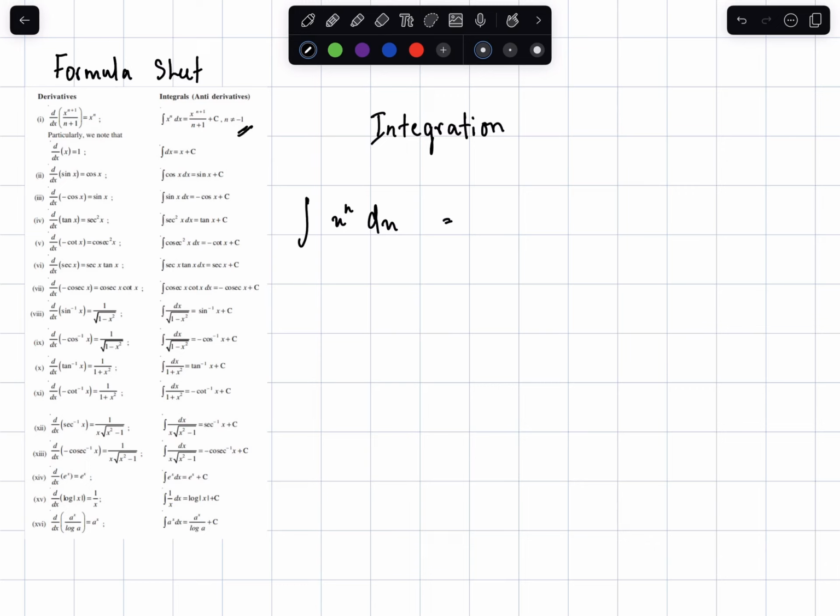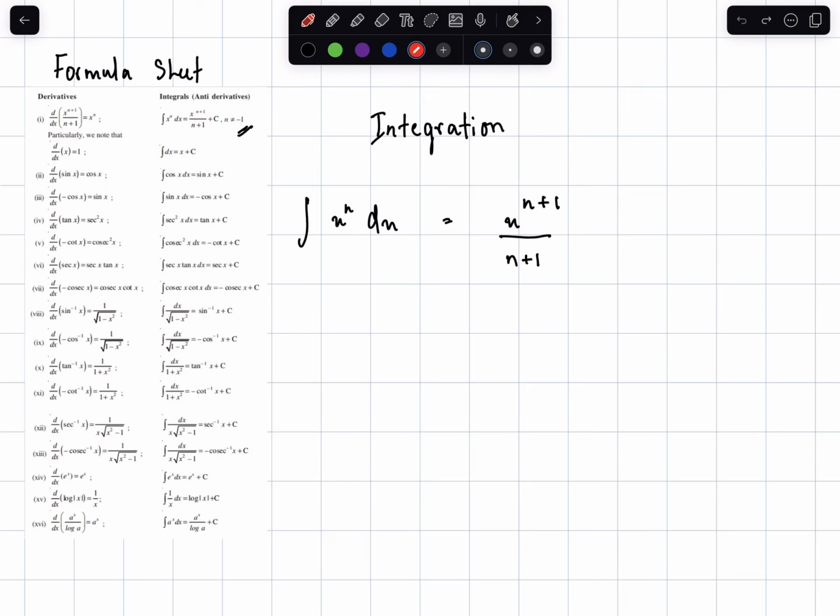If you can follow it, it's x raised to the power n plus 1 divided by n plus 1. Pretty easy. Just add 1 to the power, and take the whole power and put it in the denominator. I think that's pretty simple.